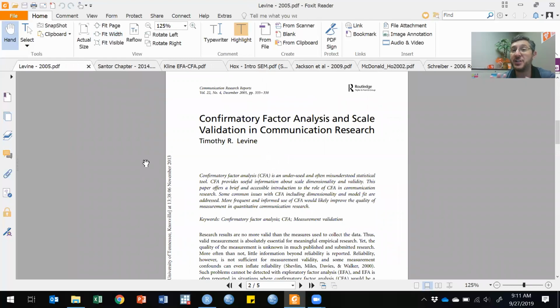Another good, really short introductory article, it's only a couple of pages, is this one, confirmatory factor analysis in communication research. It's a really short intro to get your feet wet on some of these topics.